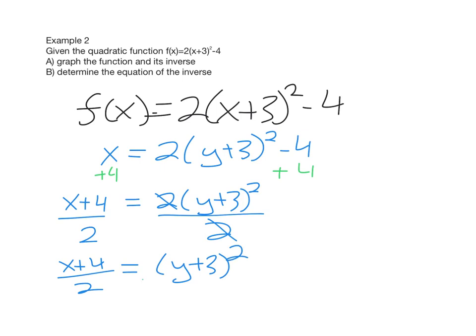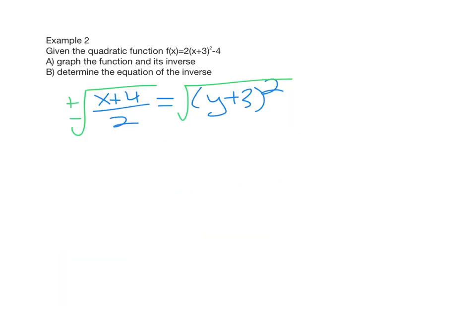Our next step would be to take the root of both in order to cancel out the squaring. Remembering that when we take the root here, we have to make sure that we are identifying that this is plus or minus. Running out of space there, I've had to erase and slide that on up.